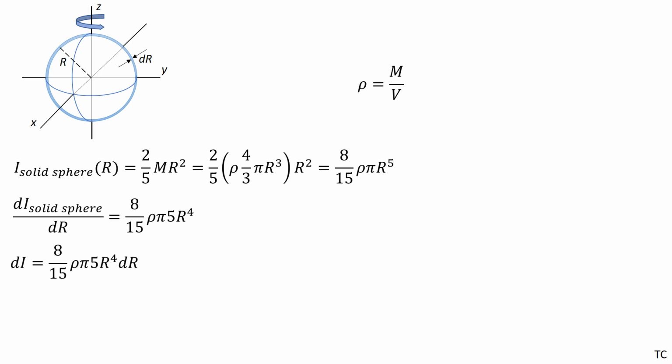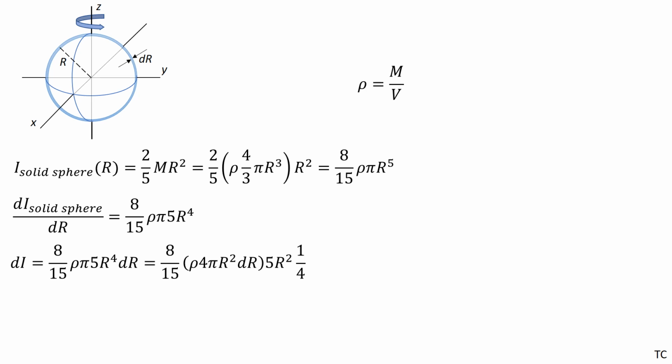Just to get our moment of inertia in a more clear form. So rho is volume density, so I need a volume term. And we're dealing with a spherical shell, so multiplying by a clever form of 1, that being 4/4, I can rewrite this expression as 8/15 rho 4 pi r squared dr times 5 r squared times 1/4.